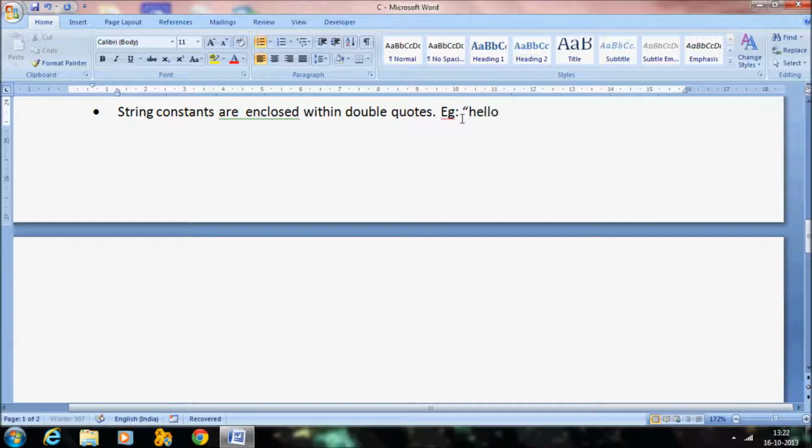This is a string constant, that is hello. The declaration is const, string, and the variable name will be v equal to hello. That is a string constant because it is enclosed within double quotes.